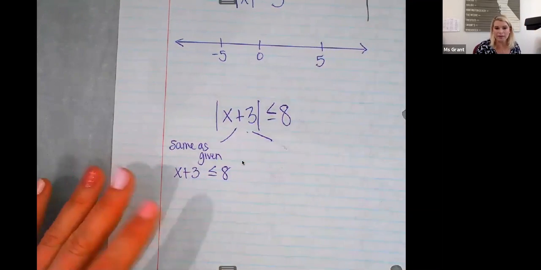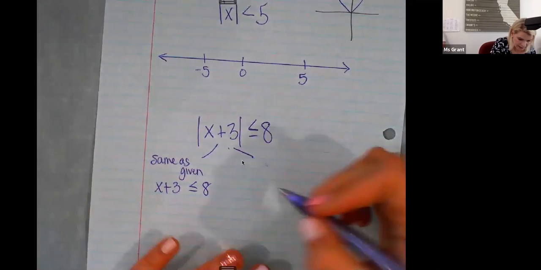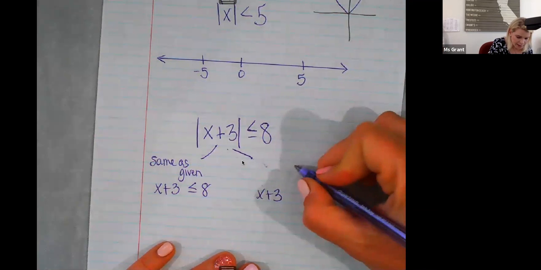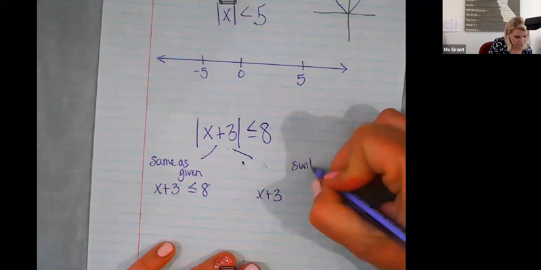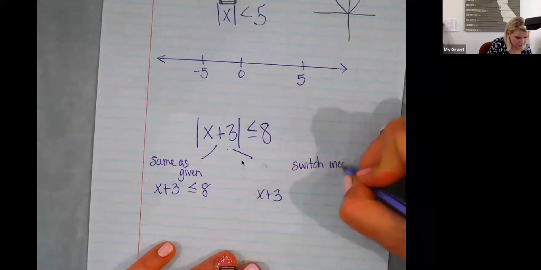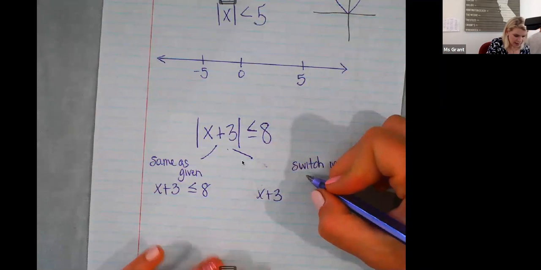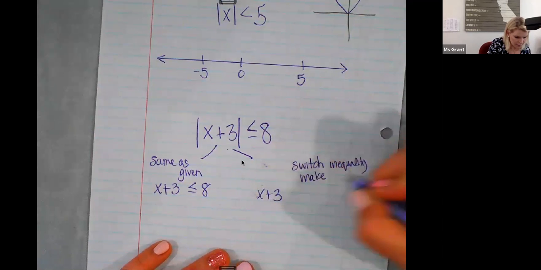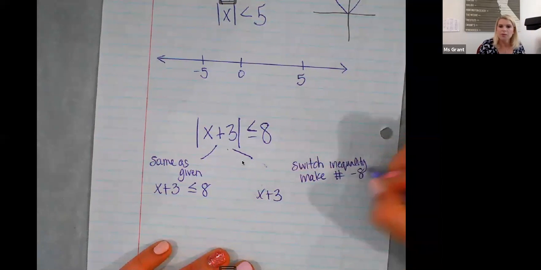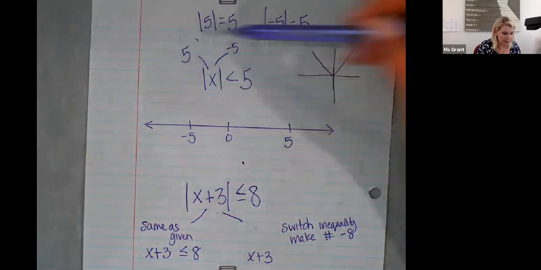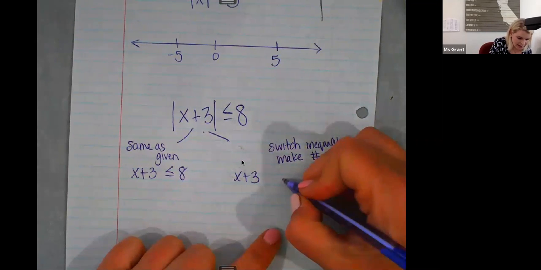And then the other one is going to be the x + 3 stays the same, but I switch the inequality and I make the number negative. Because remember how there's a negative version and a positive version up here. That means that I'm going to have to do a -8.